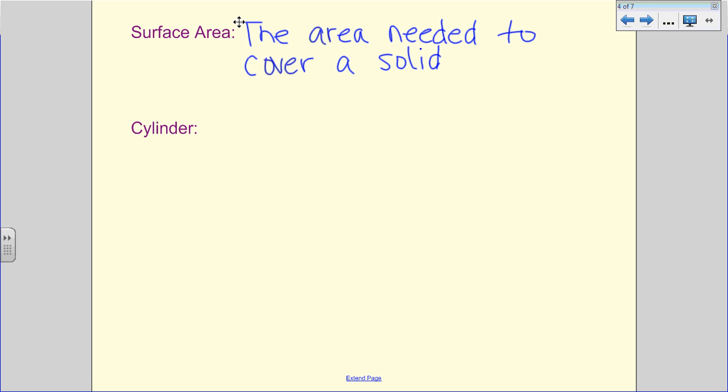Cylinder. A cylinder is a solid, it's not a polyhedron, with congruent circular bases.